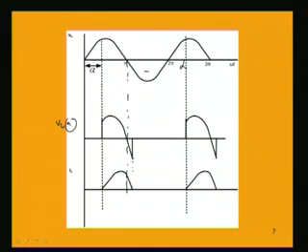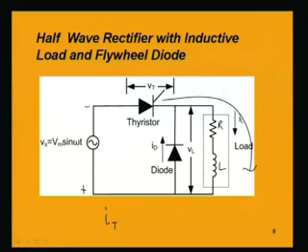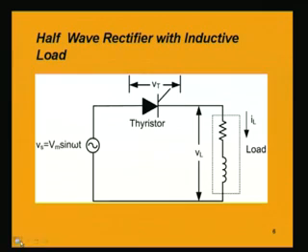In the negative half cycle there was also current in the load, but here what we are getting is that there is current flowing in the load, but that current is bypassed by this diode. It will not be flowing to the thyristor. Earlier it was flowing to the thyristor.